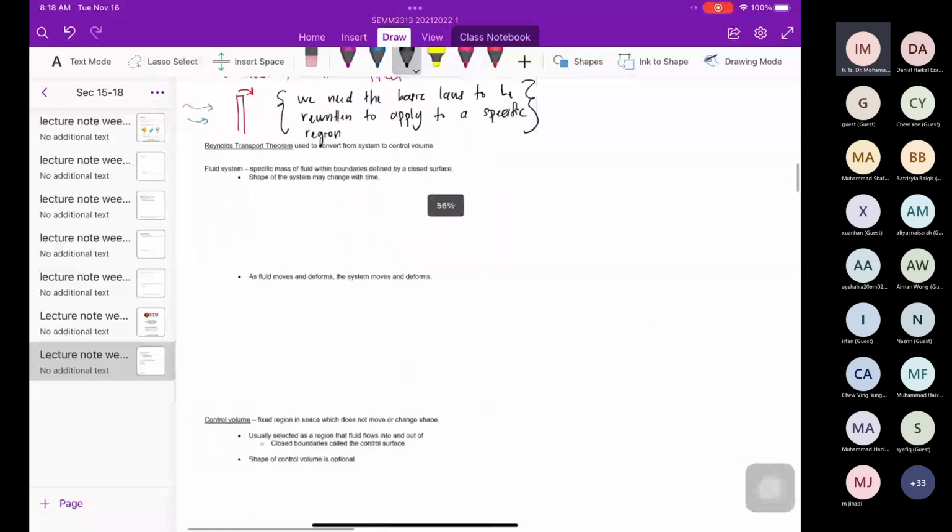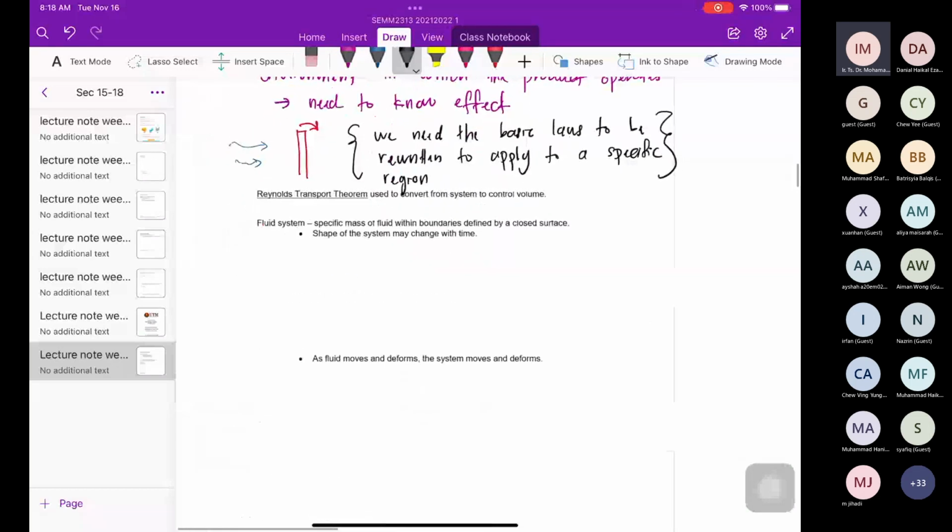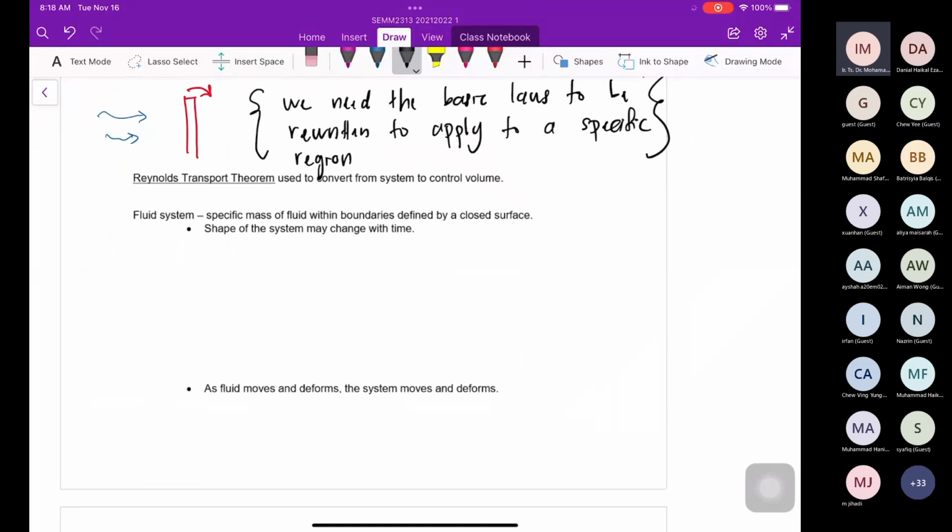So now I will introduce you to the Reynolds transport theorem, RTT. RTT is used to convert from system to control volume. All right, we need RTT to convert from the system that you have learned before to the control volume. So fluid system: a specific mass of the fluid within a boundary defined by a closed surface.